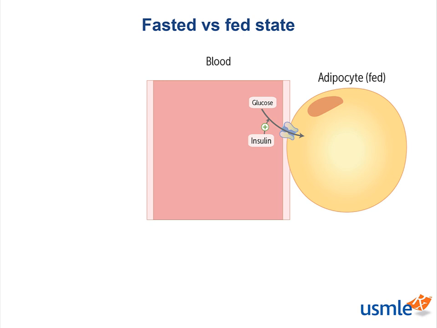It's our insulin-dependent glucose transporter. If you're saying GLUT4, that's fantastic. Can you remember what other location other than adipose tissue has the GLUT4 transporter? If you're saying striated muscle, that's very good.